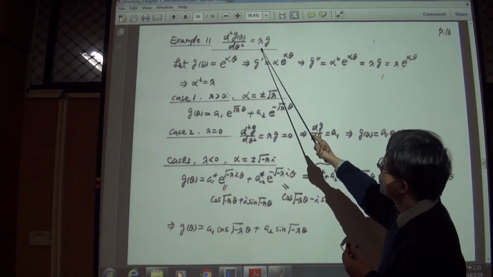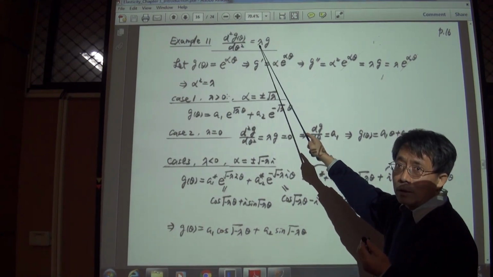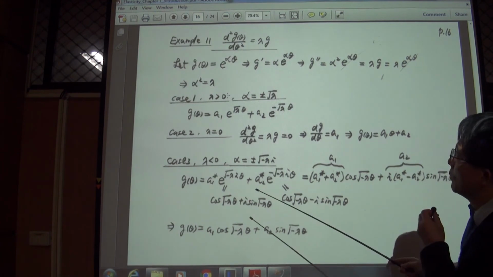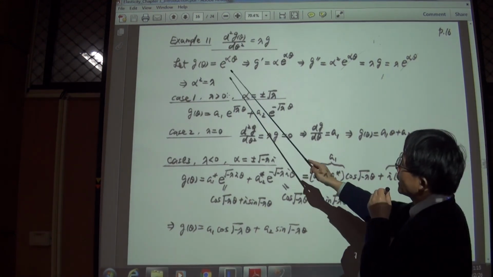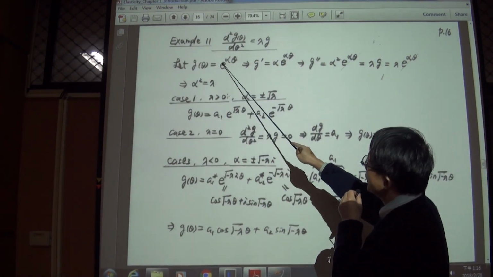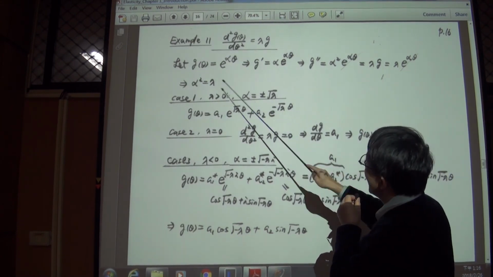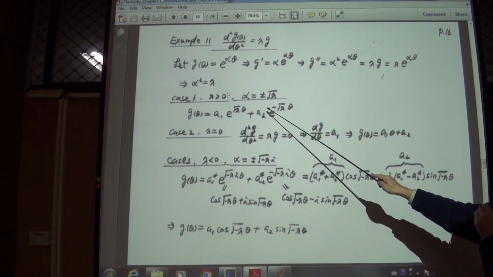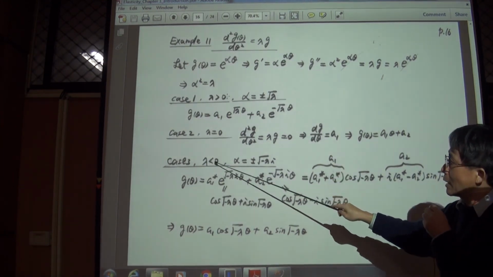You turn k into lambda and u into g, and you get the same thing. So we use a similar technique, g equals exponential alpha theta, to get alpha squared equals lambda, and then you get 3 cases: case 1, case 2, case 3.